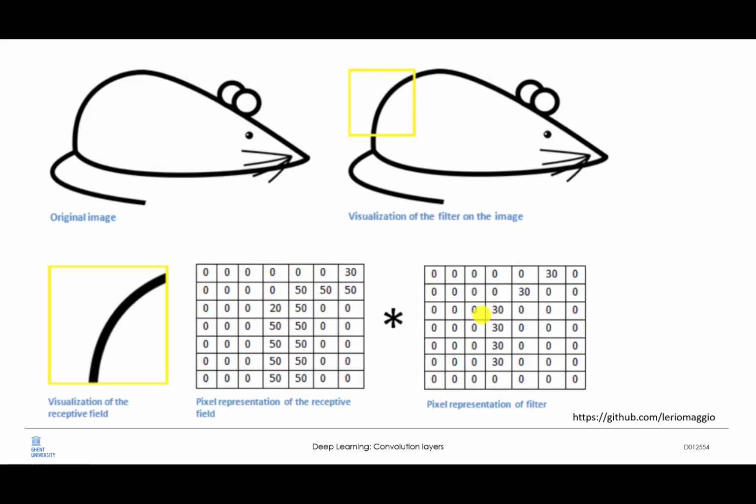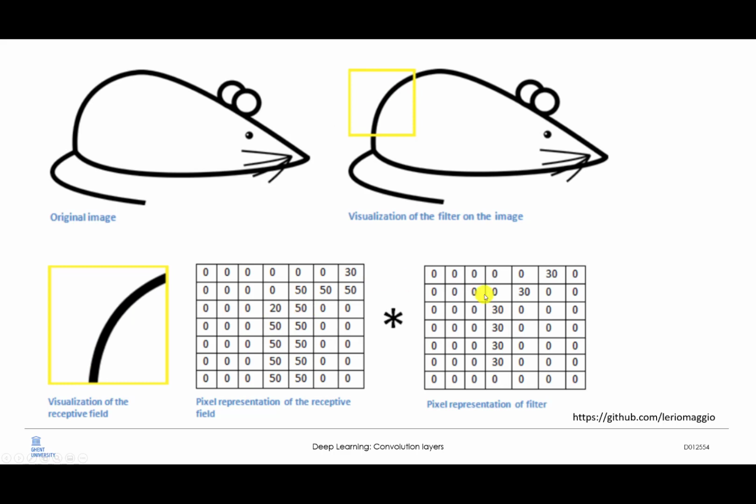And so if we take the image here of a mouse, and let's say we have this filter here, and at some point we're scanning this mouse image and we get to this point here, then you can see that at this point there is something that looks very much like what this filter is looking for, right?